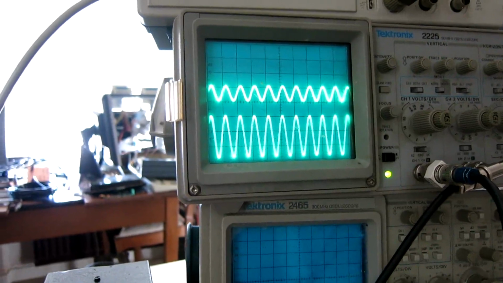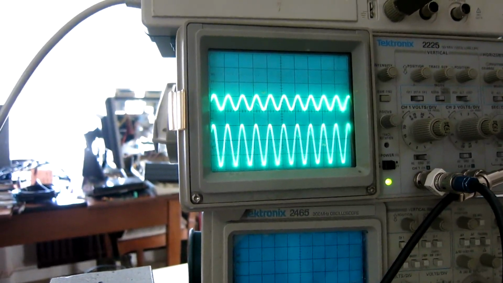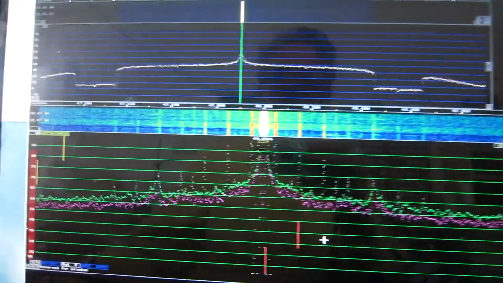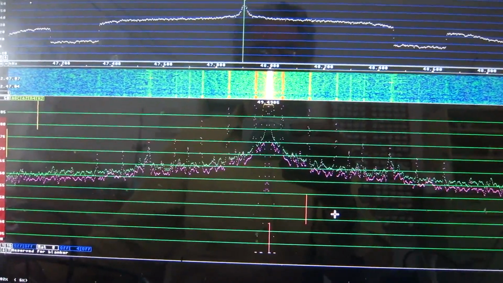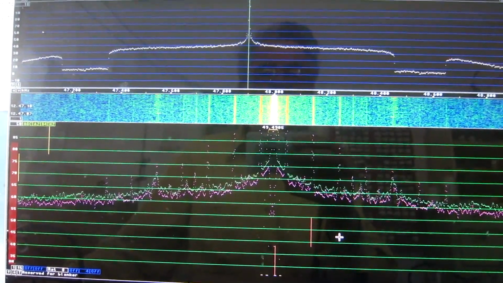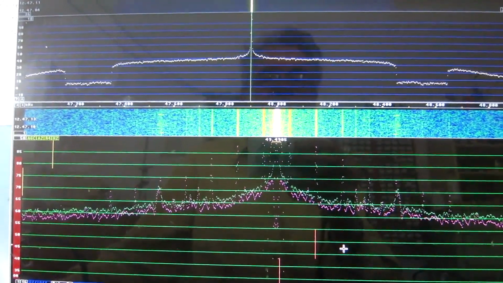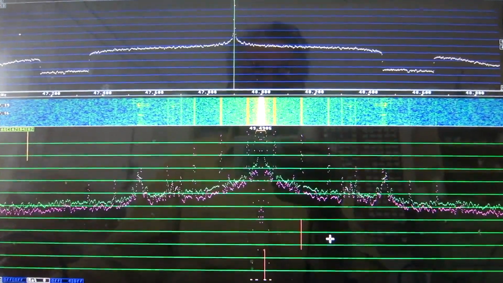And you see, this is the point where the amplitude is minimum. So that's the point where the carrier that goes through should be in phase with both of the carriers.